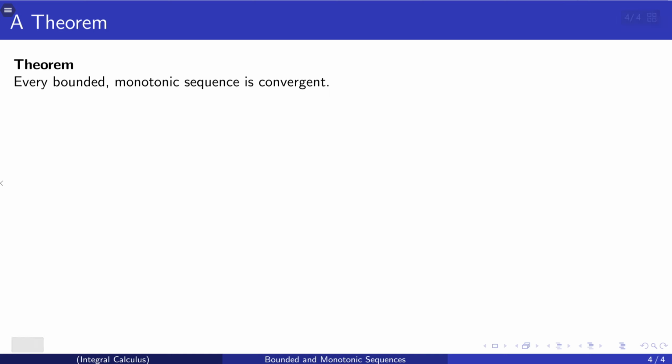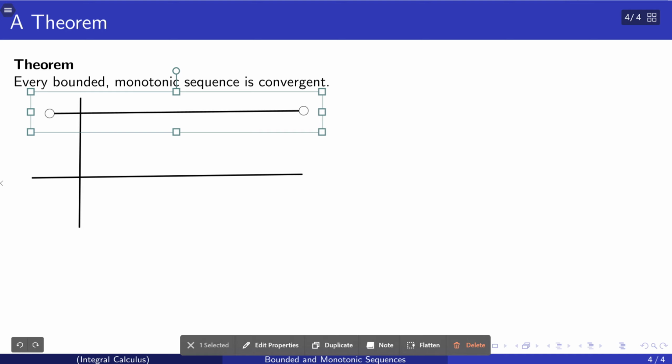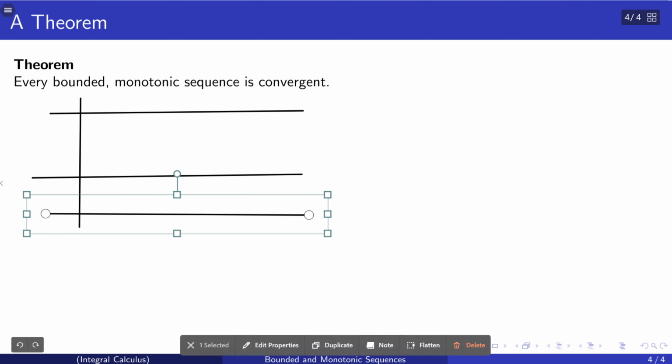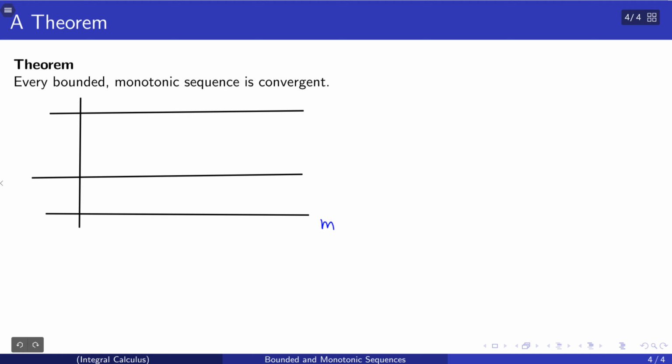And finally, this theorem combines those two properties and actually concludes that if you know that a sequence is both bounded and monotonic, then it's convergent. Now, the idea behind this theorem is if you know that you have bounds on your sequence, and it's monotonic, right?